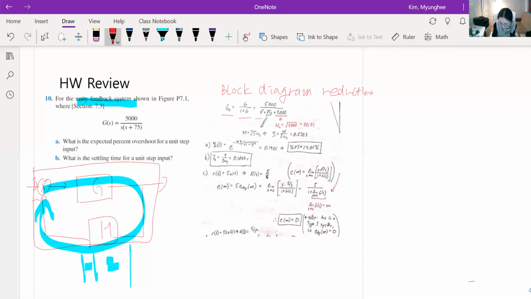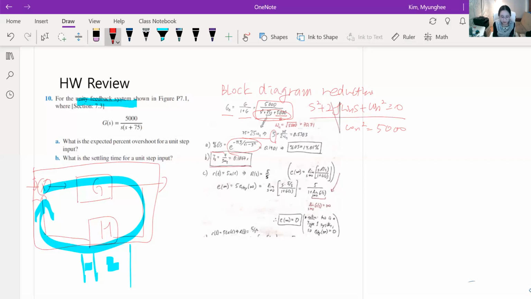Then you find this equation, and you can compare it to the standard characteristic equation and compare the coefficients, such as omega n squared should be 5,000, and 2 zeta omega n should be 75. And then you can find the damping coefficient. Then using this equation, you can find the percent overshoot.